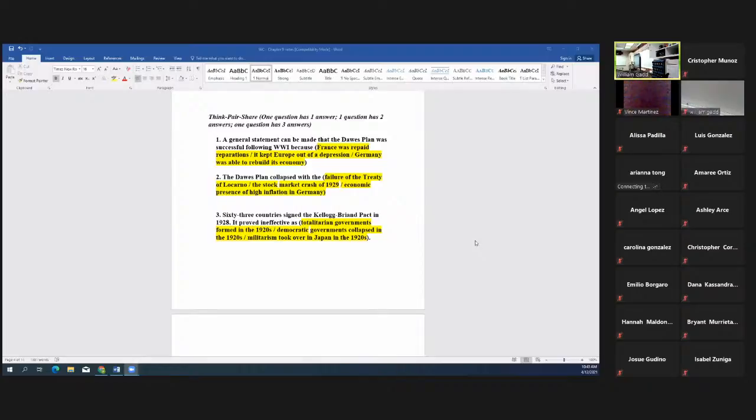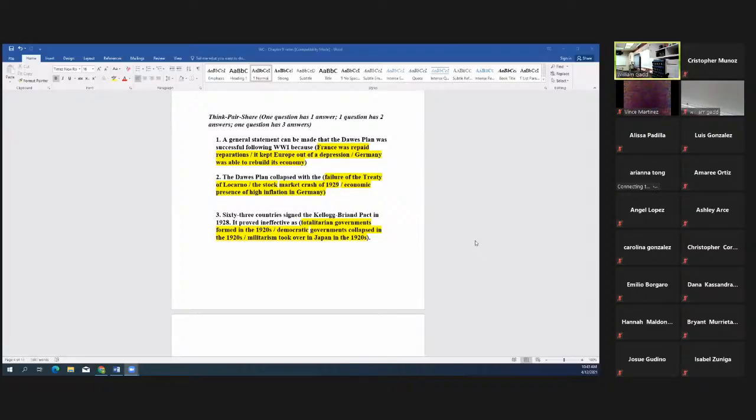Now, last period, I had a lot of people who said, Mr. Gavin, what about the depression? Didn't the Dawes Plan help keep Europe out of the depression? And the reason that's not a correct answer is this time frame. So the Dawes Plan is from 1923 through 1928, okay? And then October 1929, what big thing happens?